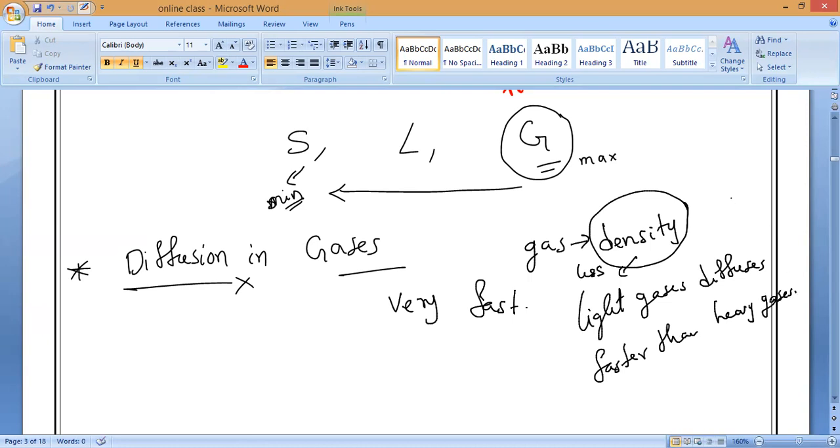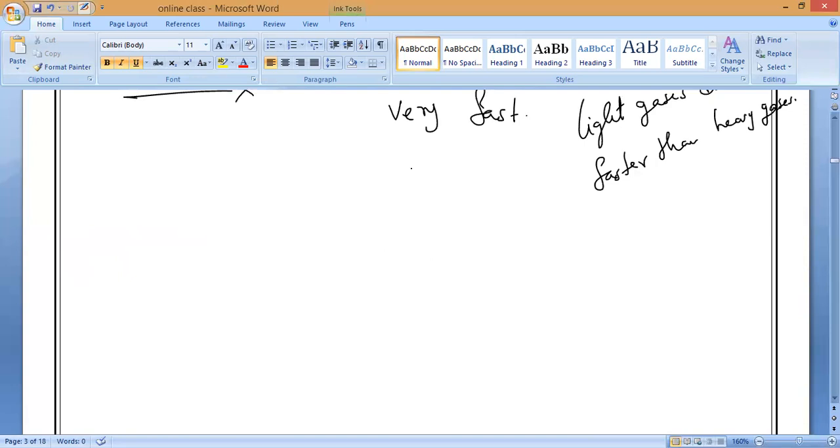Do you understand? That is also very important. So even though you are very heavy, if your kinetic energy is more, you will diffuse much faster. Now, this diffusion of gases we can demonstrate in the laboratory by experiment. What is that? Air and bromine gas, bromine vapors.